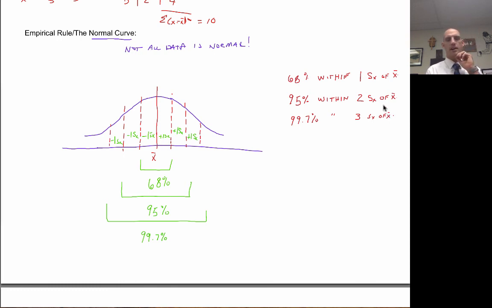So 99.7 within 3 standard deviations of the mean. All right, guys, so that's how this works. That's how this empirical rule works, and that's how standard deviation works.